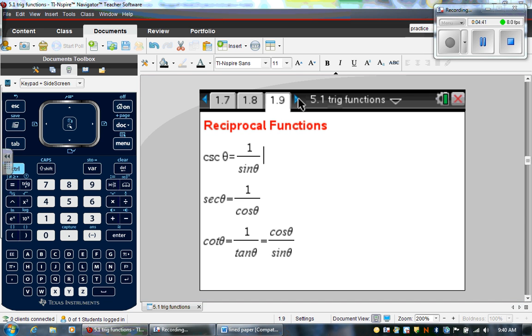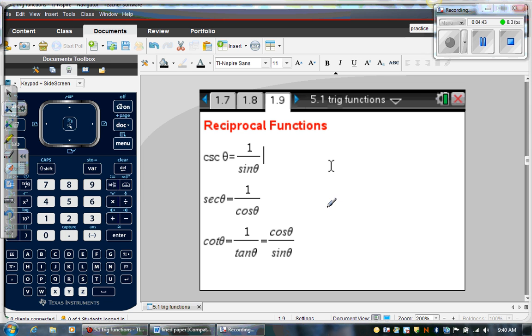The reason being is we know that tangent is sine over cosine, and cotangent is simply the reciprocal of that, so the reciprocal becomes cosine over sine. That's where that comes from.